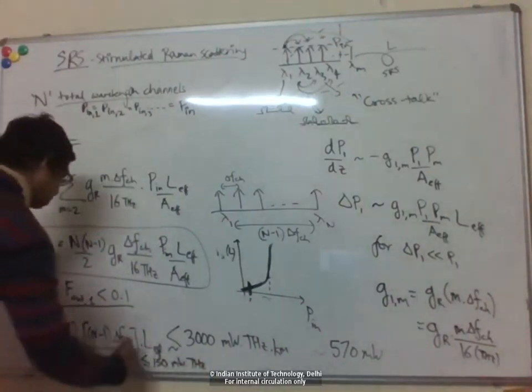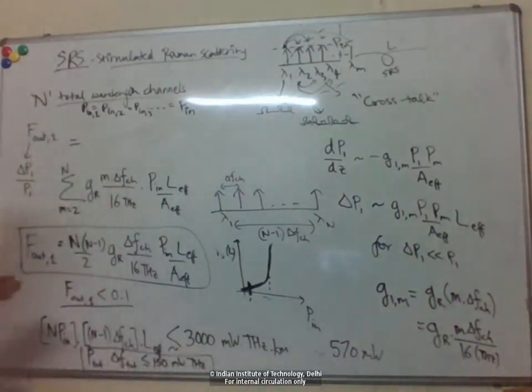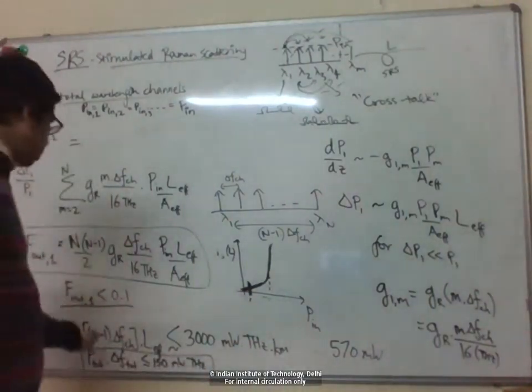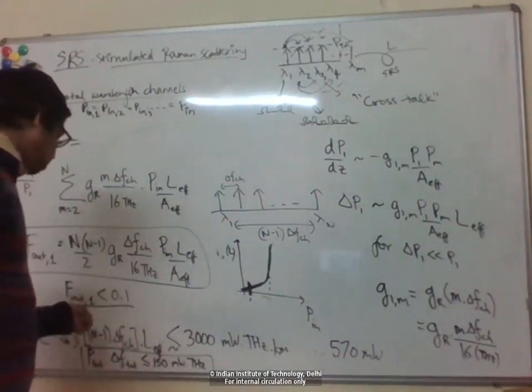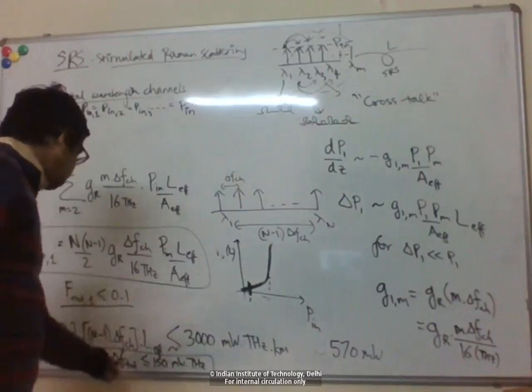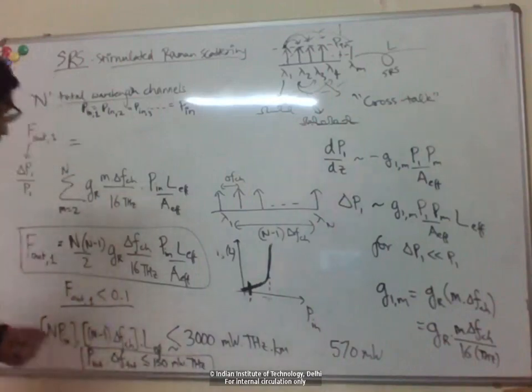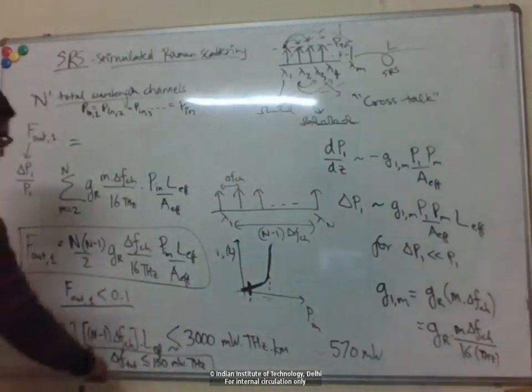Right? So you can see, for example, if I use a WDM system with, let's say, a frequency spacing of 0.1 terahertz, right?